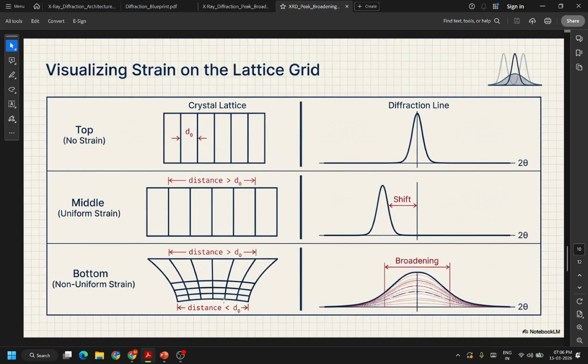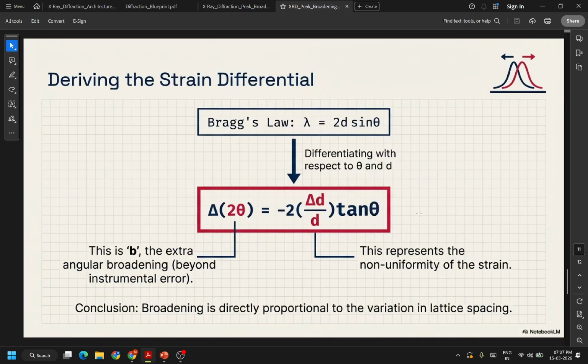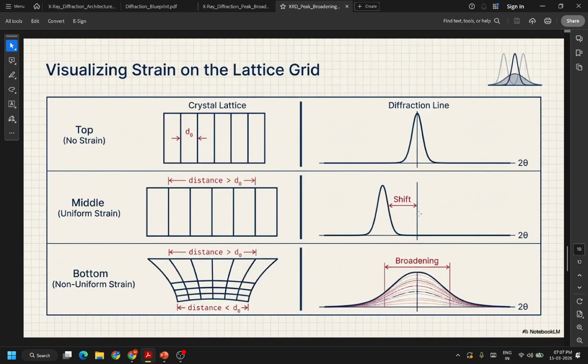In one case your lattice plane distance is less than d naught, in another case the plane distance is greater than d naught. That results in diffraction at different points, and it will cause broadening of the peak at the same diffraction point. Or there can also be a shift in the peak intensity depending on your strain.